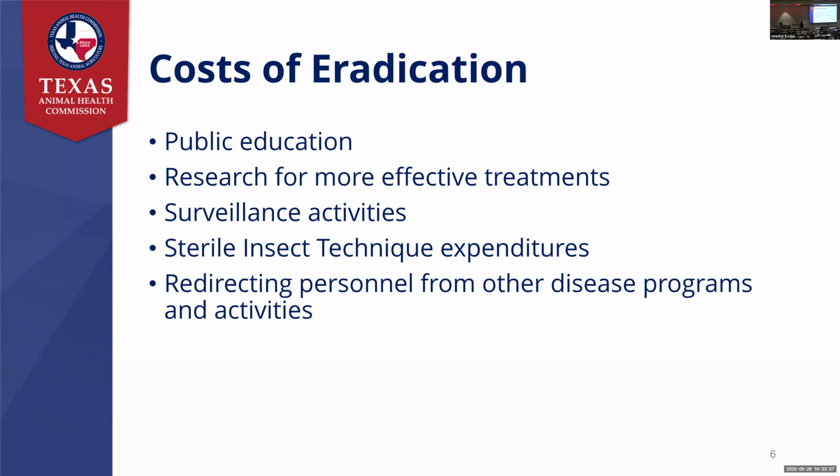So the viability of those flies decreases the further distance they have to fly them. So one thing we're up against there as well. So redirecting personnel from other disease programs and activities, that's one thing in regulatory veterinary medicine that we have to deal with if we have a disease outbreak in the United States.